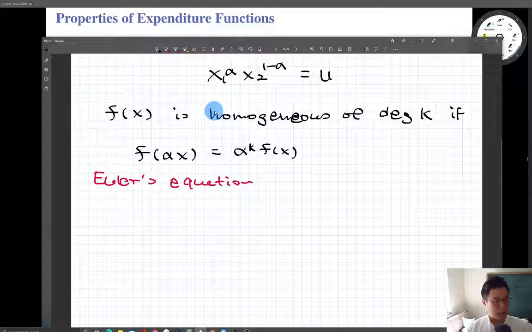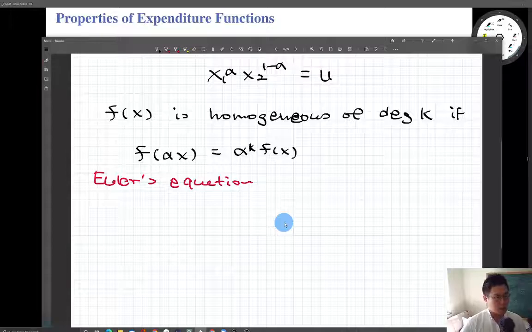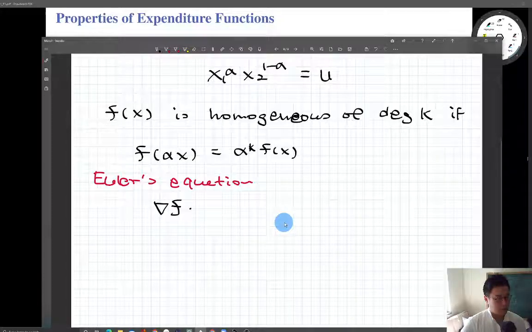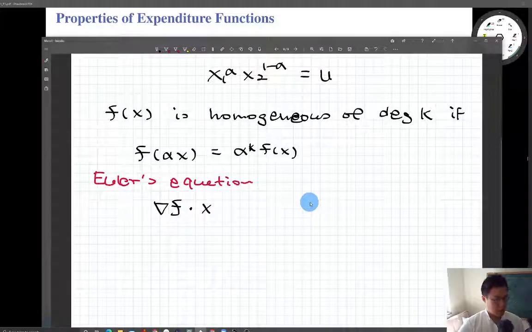Euler's equation tells us that if function f is homogeneous of degree k, then we have the following property: the gradient of f dot x, the dot product of the gradient of function f and the vector x, is going to be k times f of x.